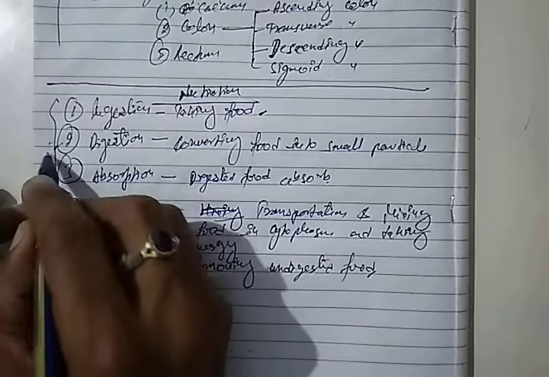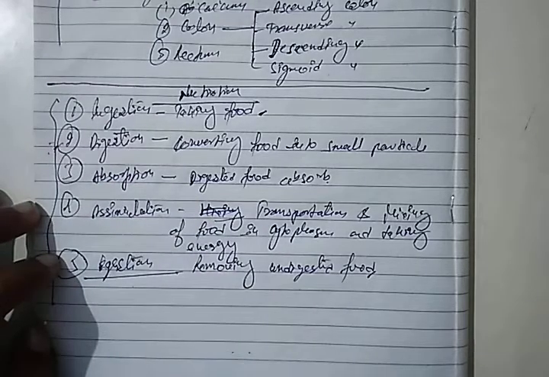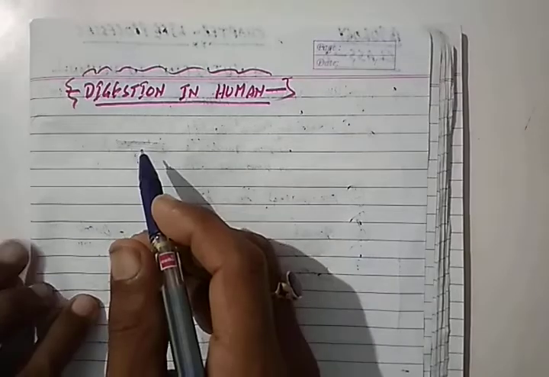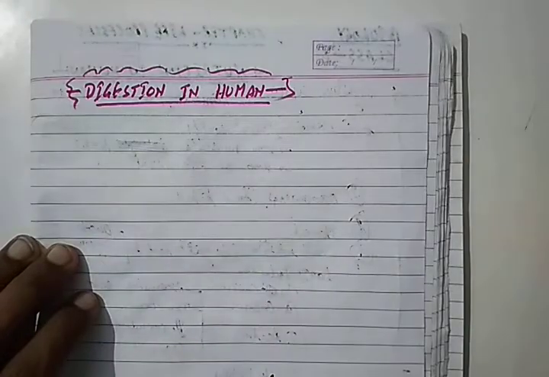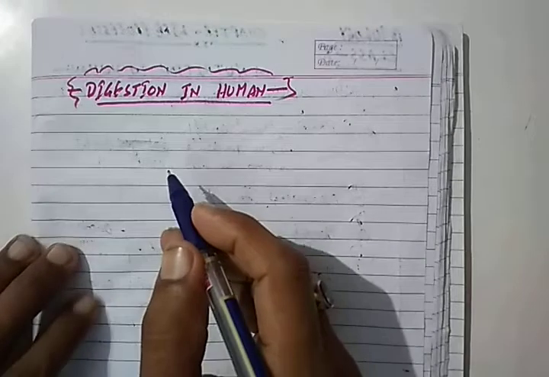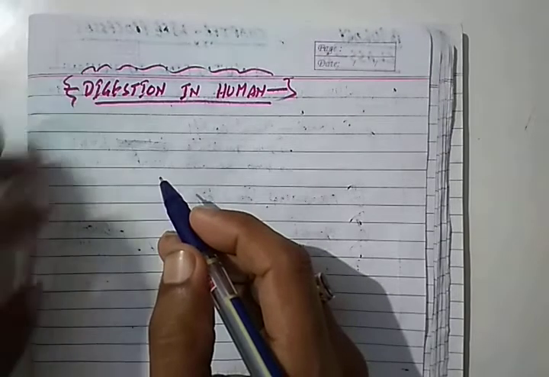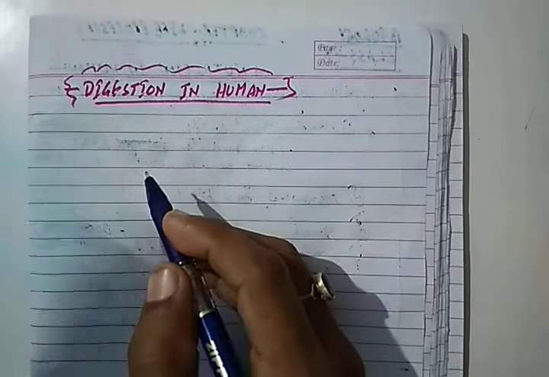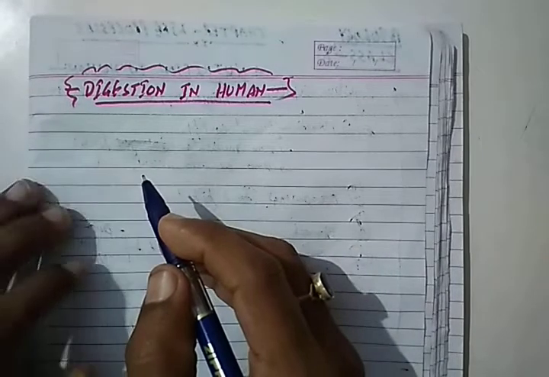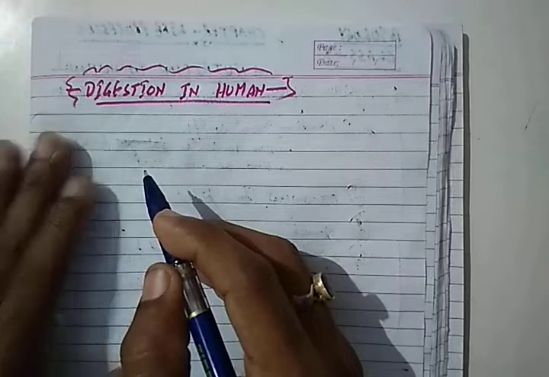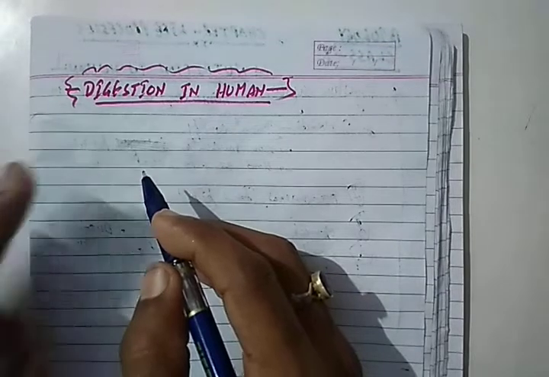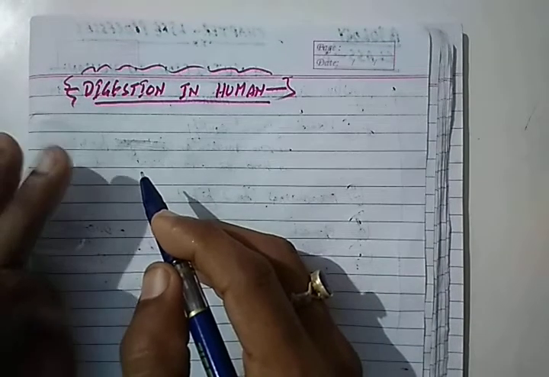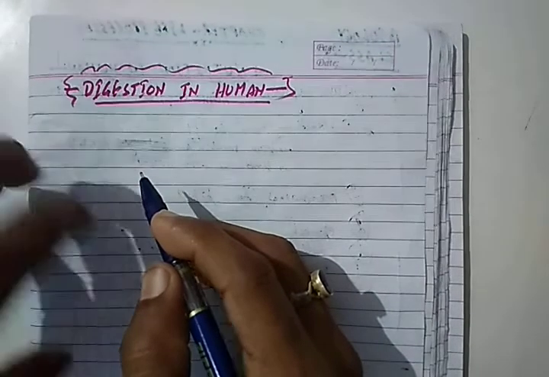Now we study the process of digestion. Now start the next topic, digestion in human. As we studied in the earlier lecture, the digestive system is divided into two categories: first is the alimentary canal and second is the accessory digestive glands.